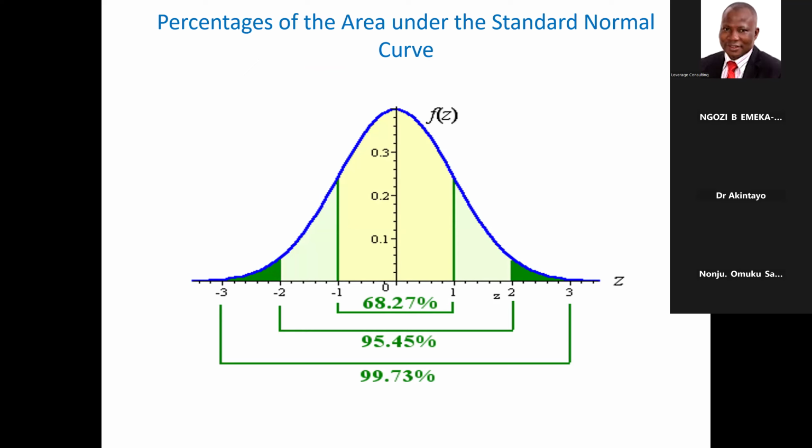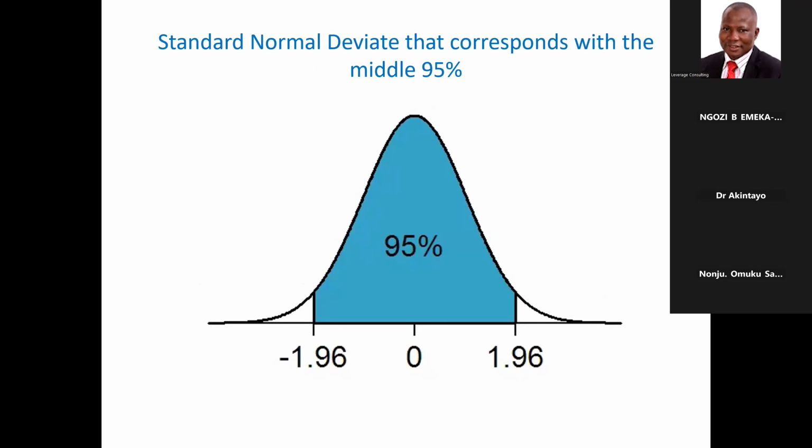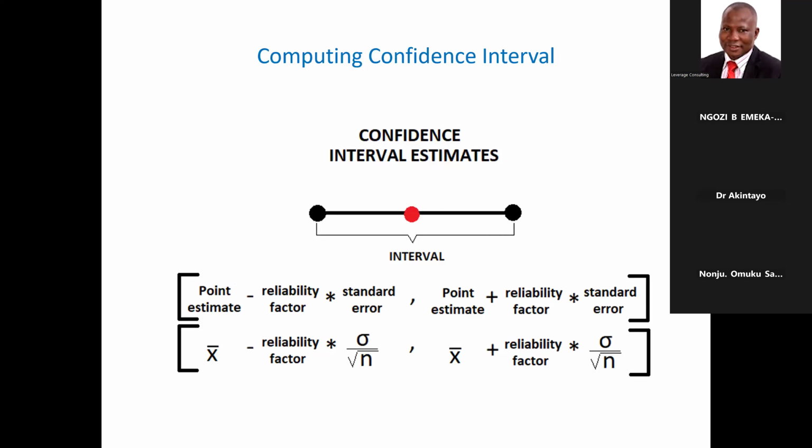Can you see the middle 95? Can you see minus 1.96 to plus 1.96 standard deviations? For the confidence interval estimate, the lower limit is the point estimate minus the reliability factor, which is the Z, times the standard error. The upper limit is the point estimate plus the reliability factor times the standard error.